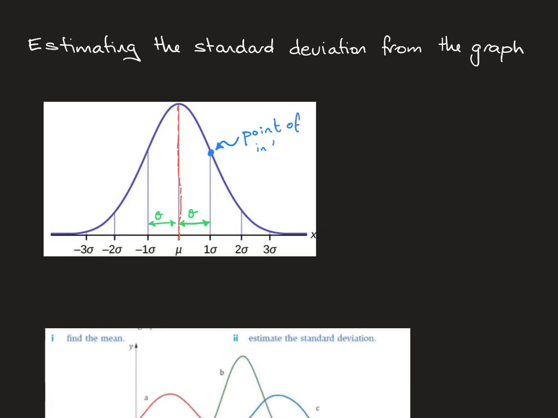And this is how we identify what the standard deviation is, approximately, on a graph. You have the 2 points of inflection on either side of the mean, where the graph stops curving up and starts curving down, or stops curving down and starts curving up.